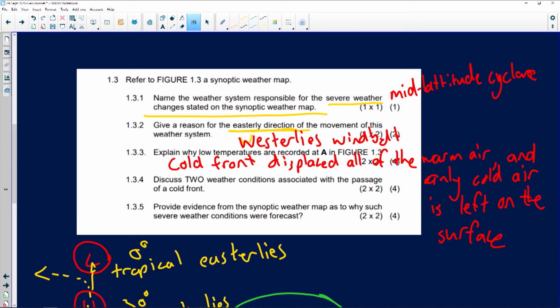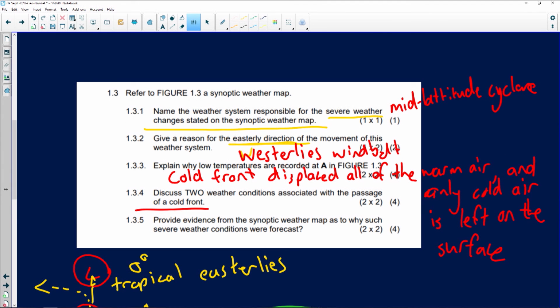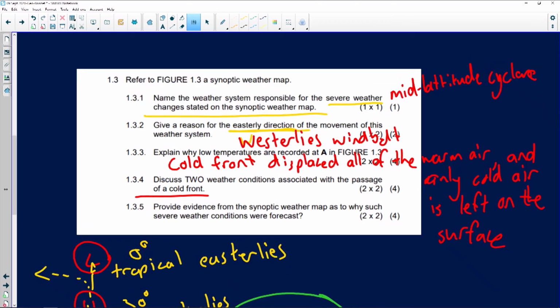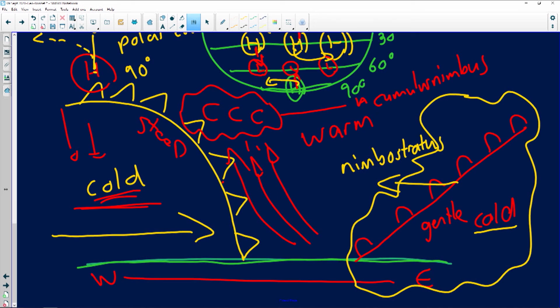Now, if we look at question 1.3.4, discuss 2 weather conditions associated with the passage of cold fronts. When we talk about weather conditions, keep in mind your weather station models. I'm just quickly going to draw one here. You've done it in grade 10.